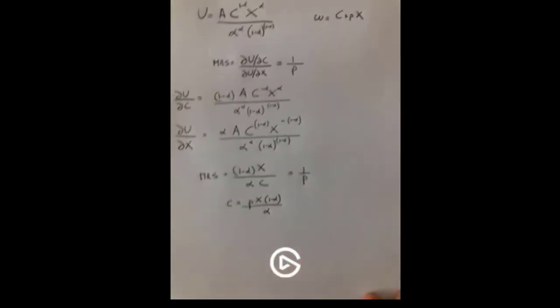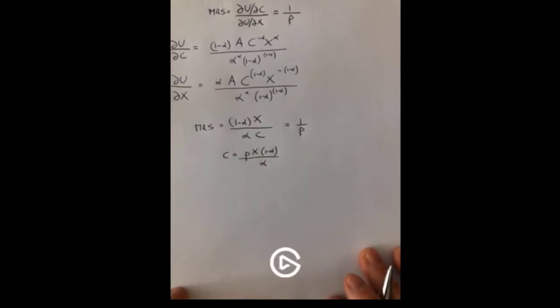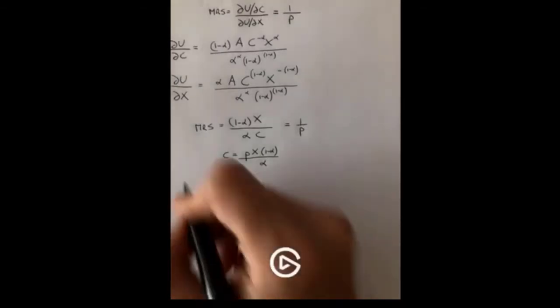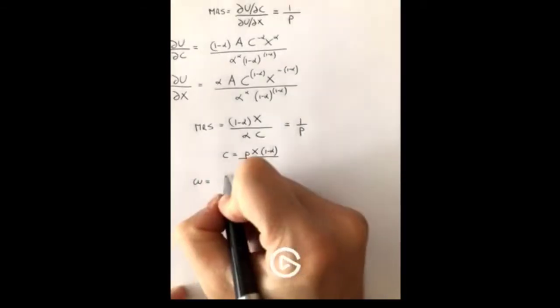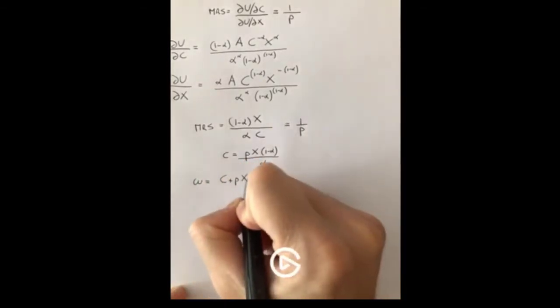Now I'm going to use the second important condition, that is the budget constraint. I know from the budget constraint that W is equal to C plus Px.